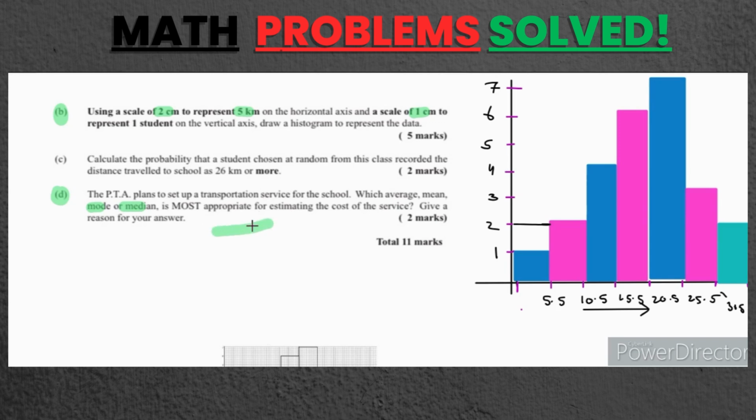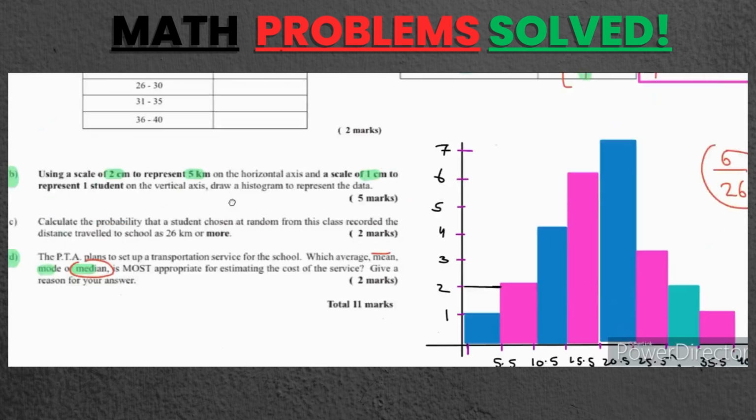So we can use mean also, right? But median is more appropriate because all data is known to us. We can use the actual data to find the mean, and for finding the cost we can use the mean. But here median is more appropriate.